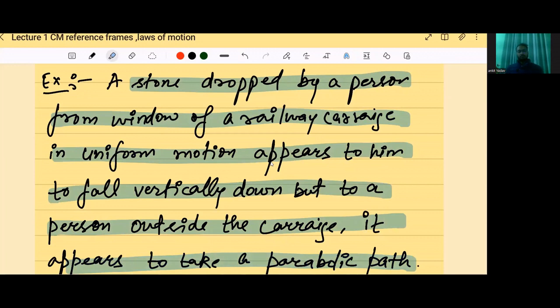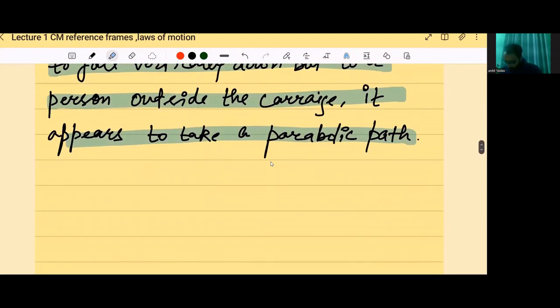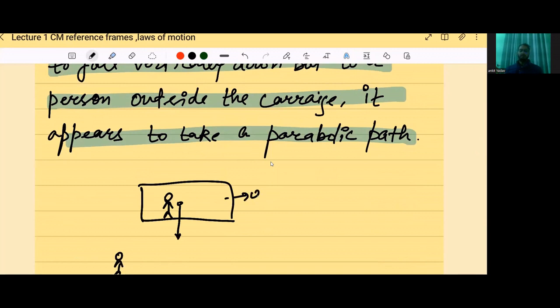You can see, one man is standing in the train. Again, let me make a train. This person is standing there and he drops a ball, and one more person is standing here. The train is moving with velocity v.